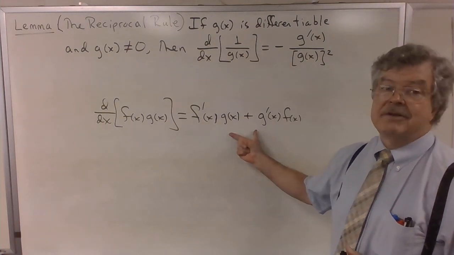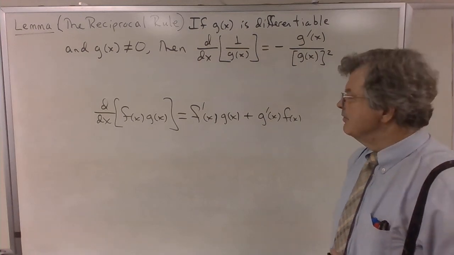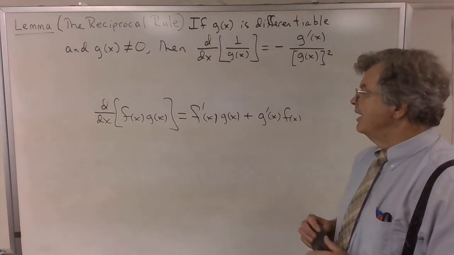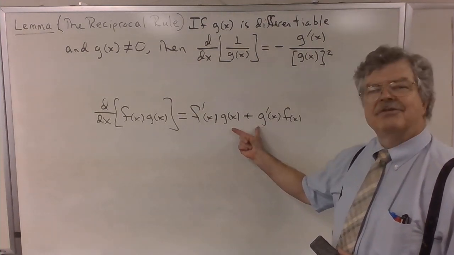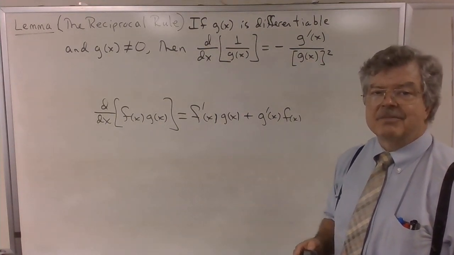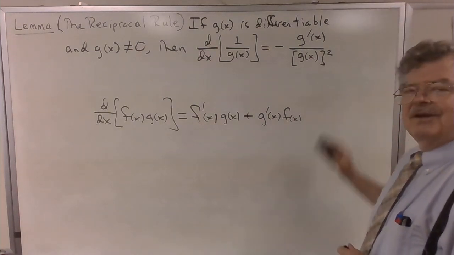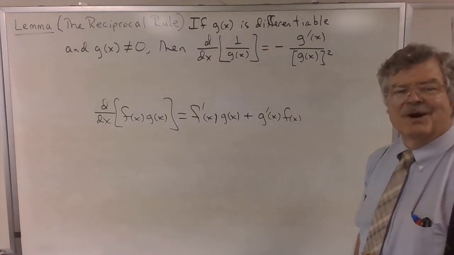This is the form I teach in calculus, but most people these days teach a different form. So I'll give you fair warning, this is the version of the product rule that we'll use whenever we need to use the product rule. I'll let you look at that for a couple of seconds more.